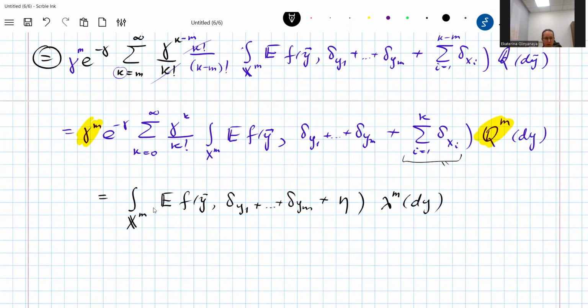So next time we will see how we can apply these formulas, the one-dimensional and multi-dimensional Mecke equations, for a Poisson process.